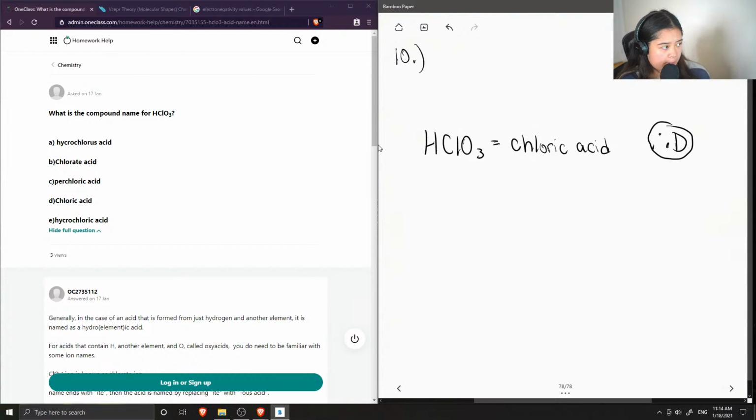And let's compare the different compounds that would give some of the other answers in the question. So when there is 1 less oxygen and we have HClO2, this is known as chlorous acid.